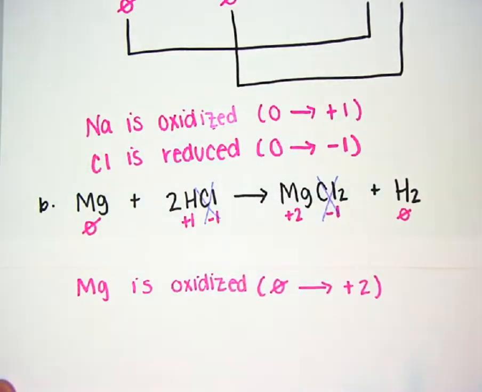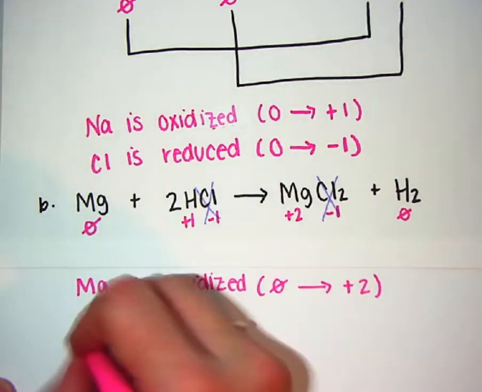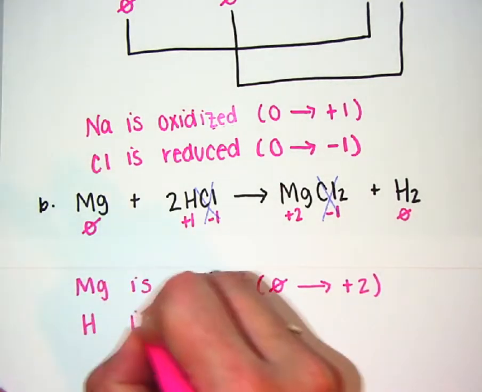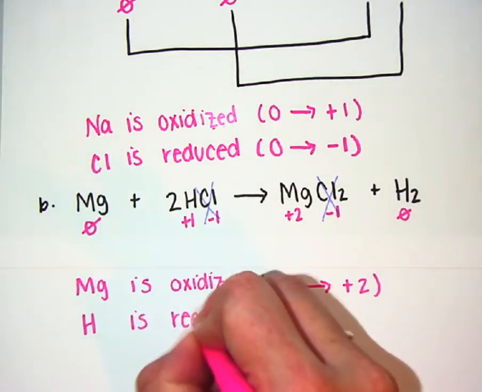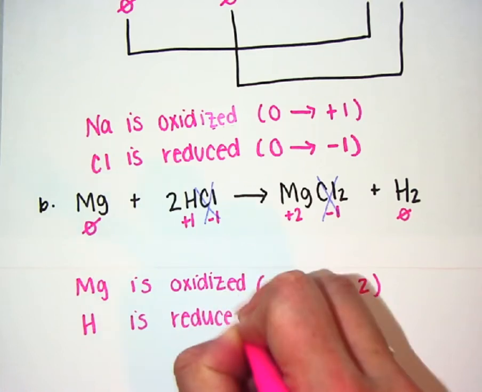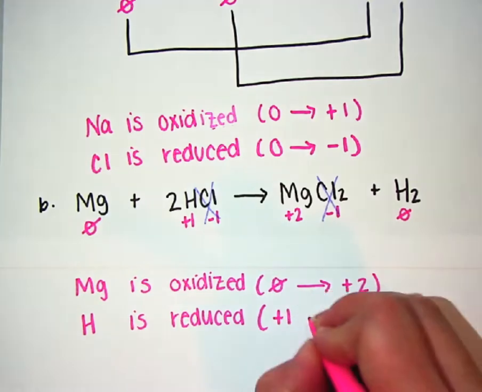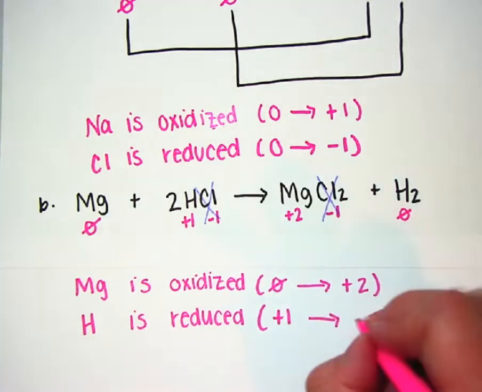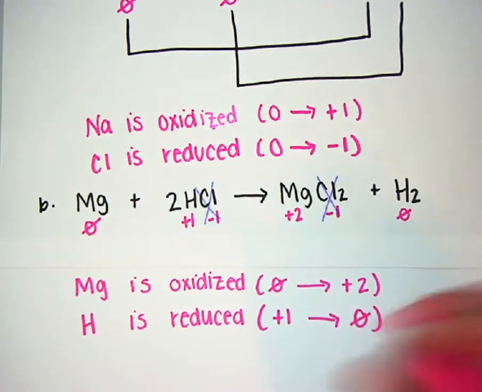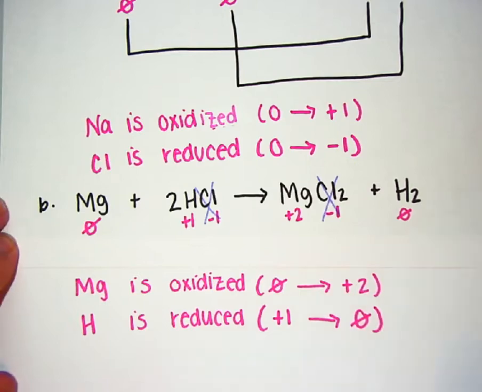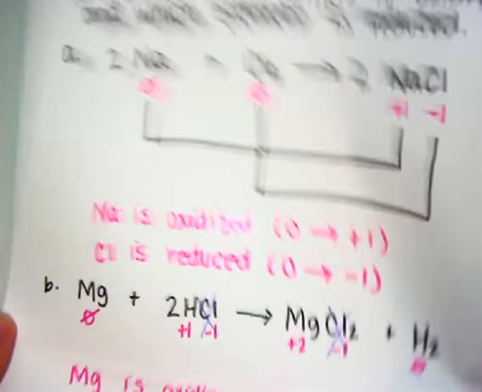So magnesium is oxidized. That means hydrogen must be reduced. Hydrogen starts at a positive 1, and it gets reduced down to 0. Reduction is the gain of electrons. If it's gaining electrons, it becomes more negative.